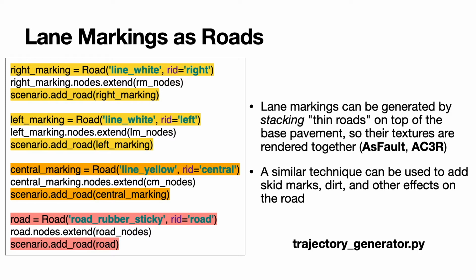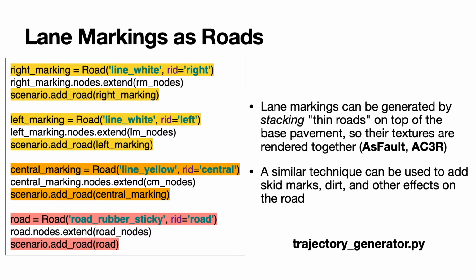And how we do that, we reuse this logic of creating roads, but we change the material and the attributes. For example, we can use the line white material to have a solid white line and create using this two lines that are the left and right lane marking.